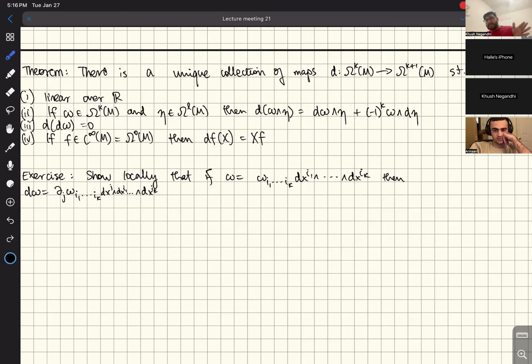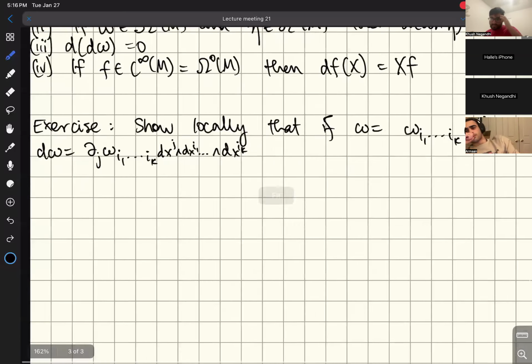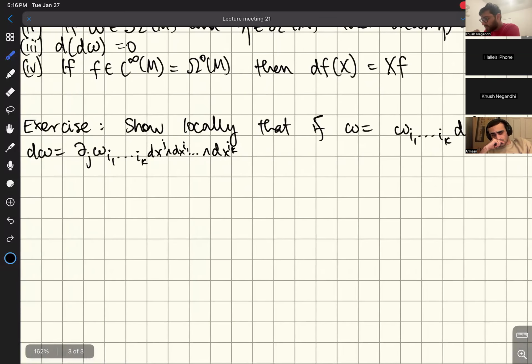There is an operation called interior multiplication, which bumps the dimension down by one. If you remember, all of these constructions are just borrowed ideas from linear algebra and bumped up.